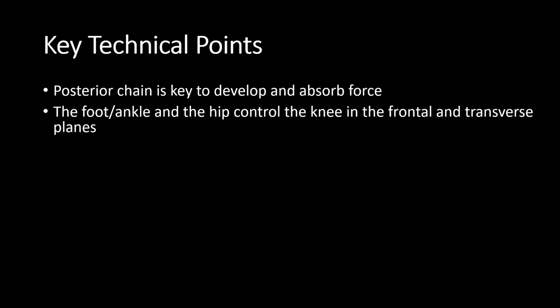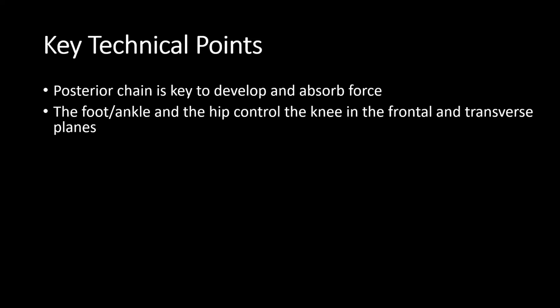The foot and the ankle complex and the hip complex control the knee in the frontal and transverse planes, especially when we are jumping and landing. Okay? Our foot and ankle have to be stable enough to interact with the ground and not collapse, as well as our hip needs to be strong enough to keep our thigh in line with our foot and ankles so that our knee stays in a safe position, because our knee is not made to internally and externally rotate or abduct and adduct like our hip and our ankle are able to do.